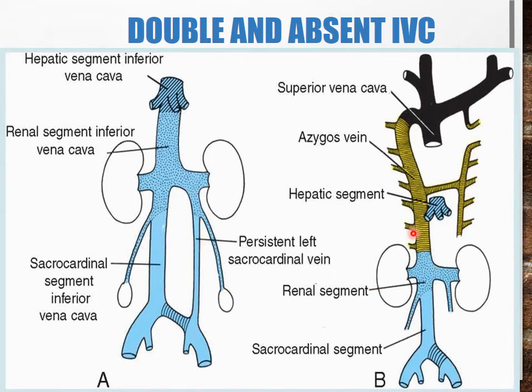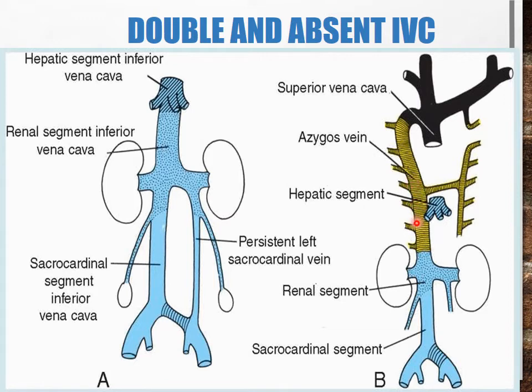And here you can see that the portion of the hepatic segment is absent, and the subcardinal vein is directly connecting with the supracardinal vein.